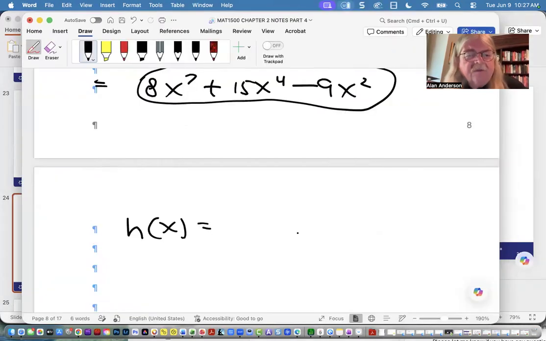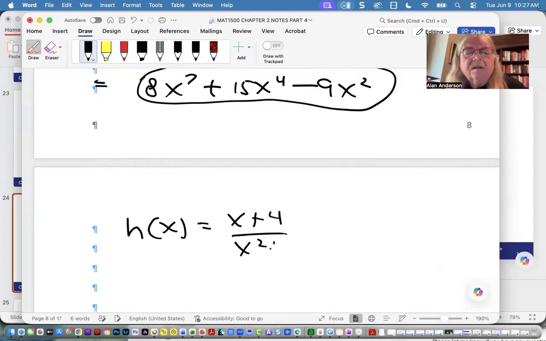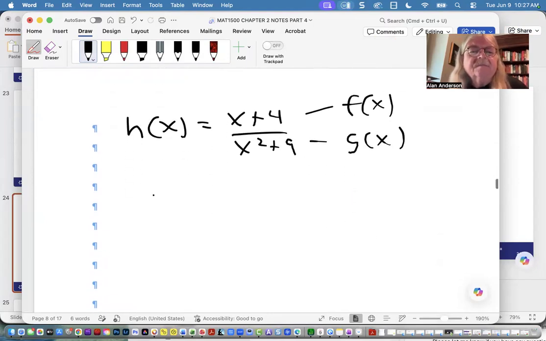So this becomes our f of x. This becomes our g of x. So f prime of x is just 1 because we have x. Remember, when you differentiate x, it becomes 1. And then g prime of x, applying the power rule and the constant rule, gives us 2x.